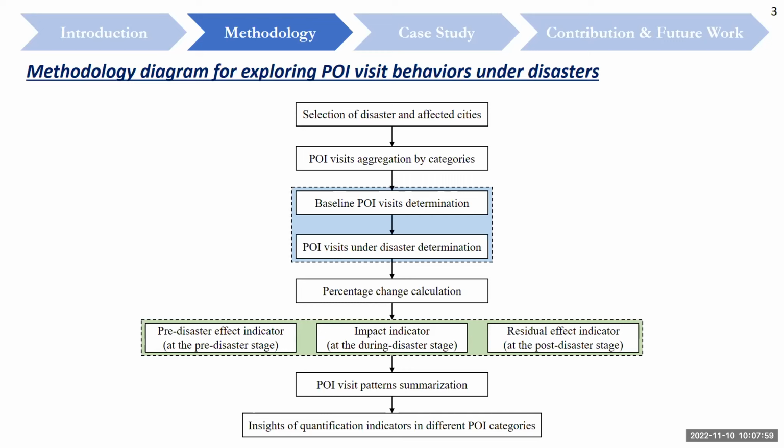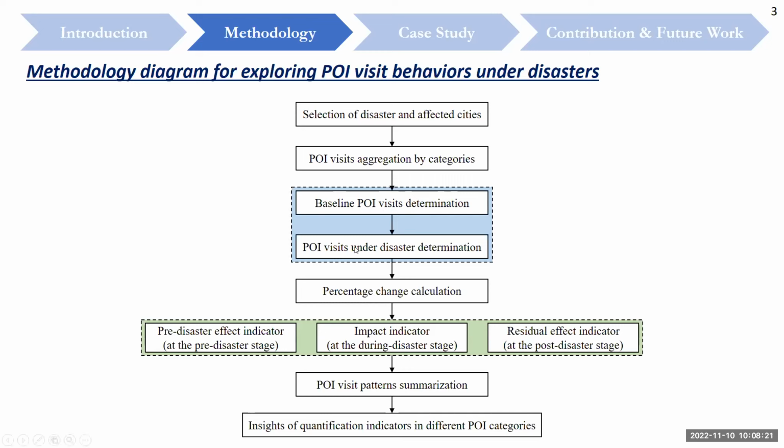Then we come up with a baseline POI visit for a specific geographic area and a specific sector. The baseline is basically data from the region when it is not affected by disaster at all. We pick the one month before the disaster hit and calculate a baseline POI visit.